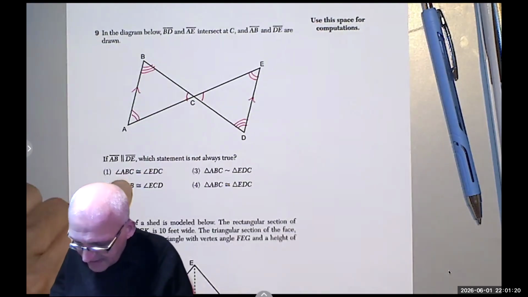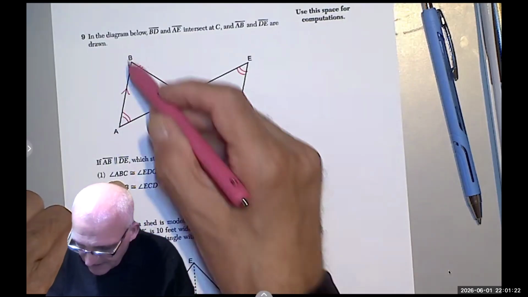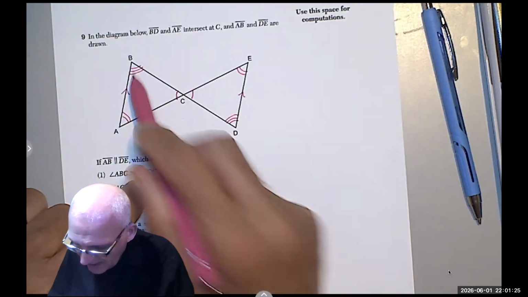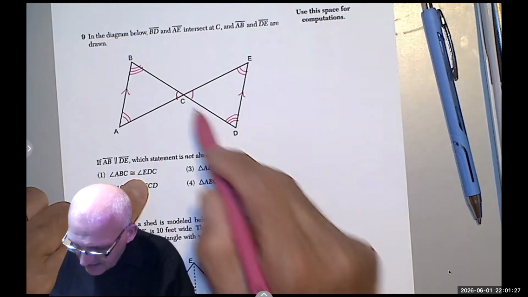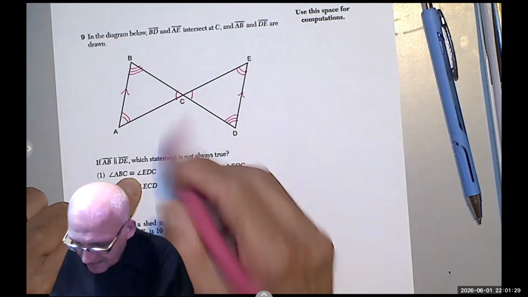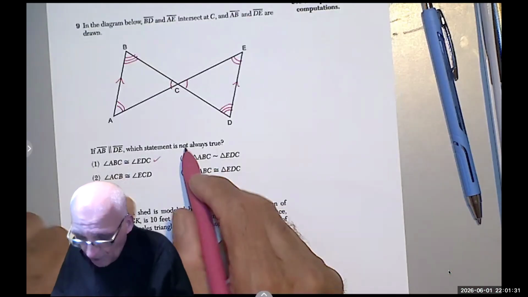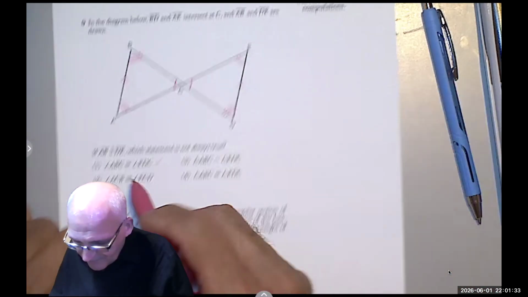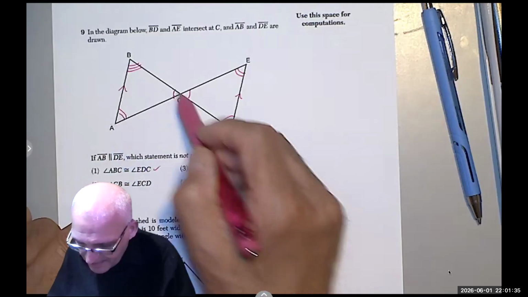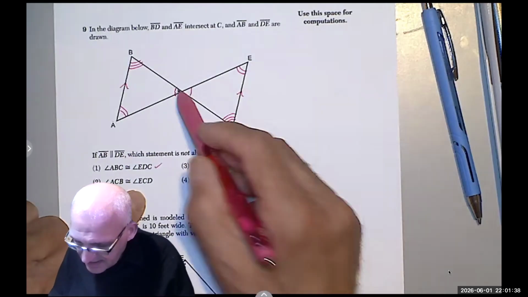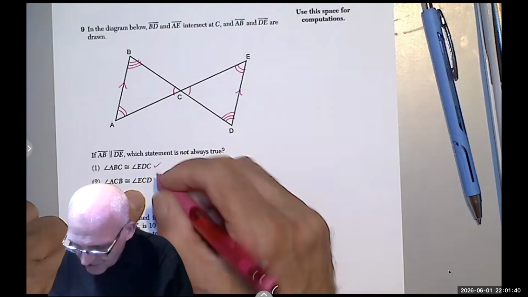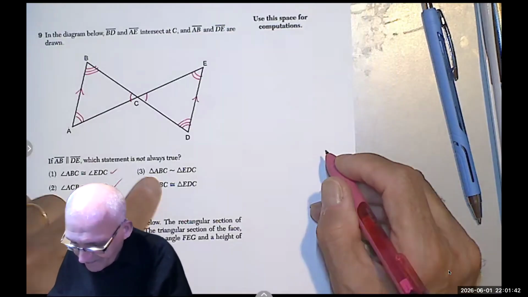So the first one says angle ABC and angle EDC are congruent. Yes, they are. Always, they will always be. Angle ACB and ECD, yes, they are vertical angles, so they are always congruent.